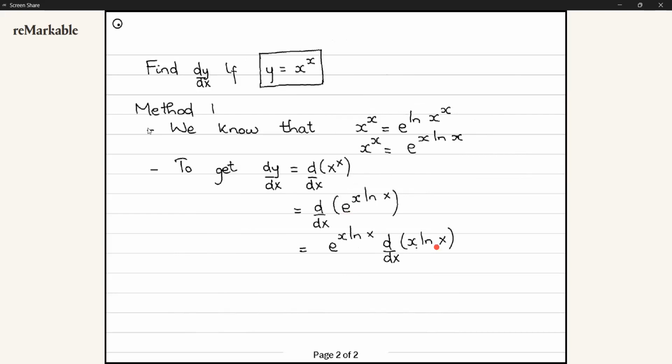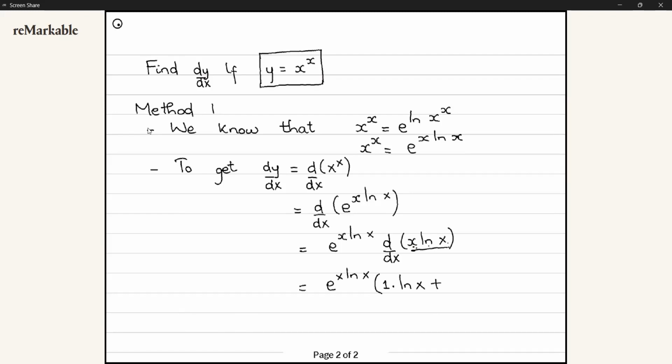For me to differentiate this function, I'll use the product rule. And this is what the product rule says. I'll differentiate x first and leave natural log of x intact. Differentiating x with respect to x gives me 1, and then I have natural log of x.